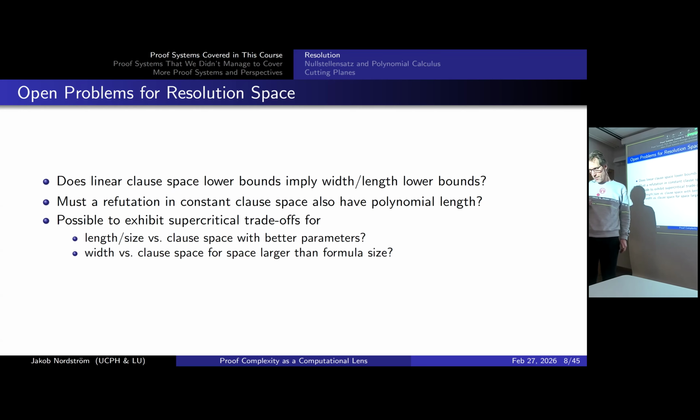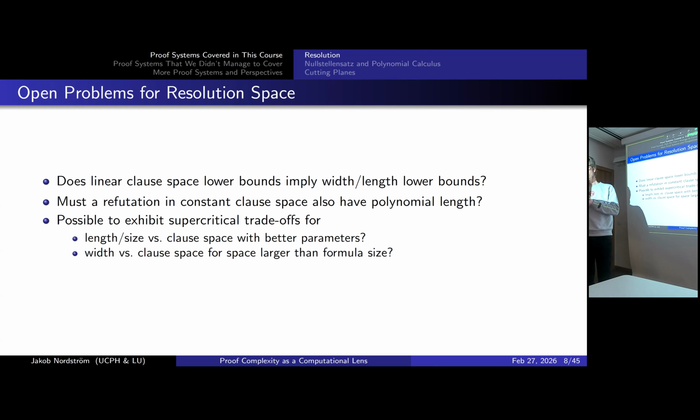And one other thing, we talked about some trade-off results. We talked about trade-offs between width and space, and between length and space. We didn't have time to talk about trade-offs between length and width, but we know from Ben-Sasson and Wigderson that if there's a short refutation, then there's a refutation in small width.